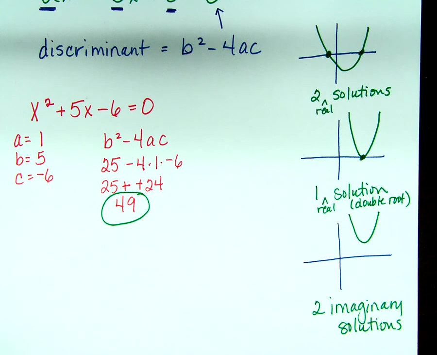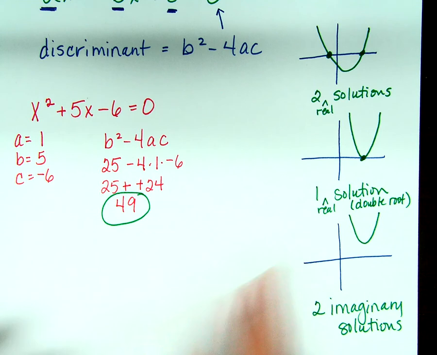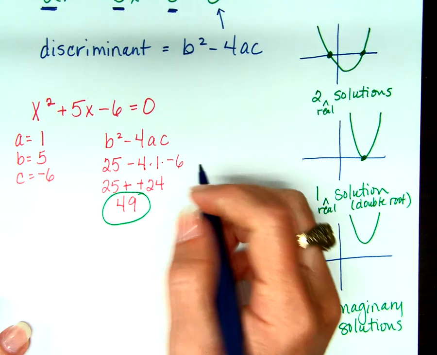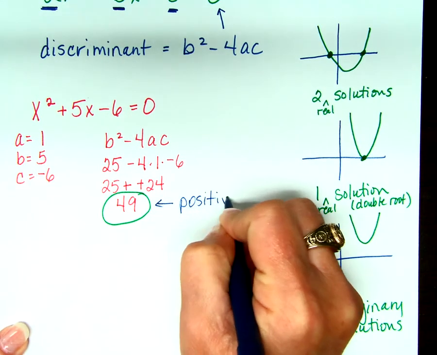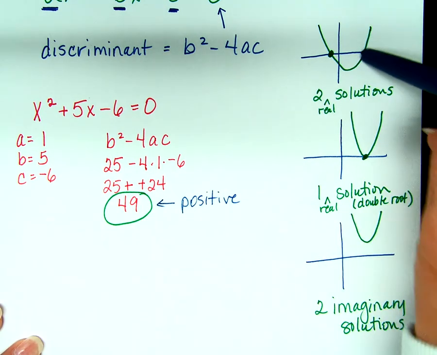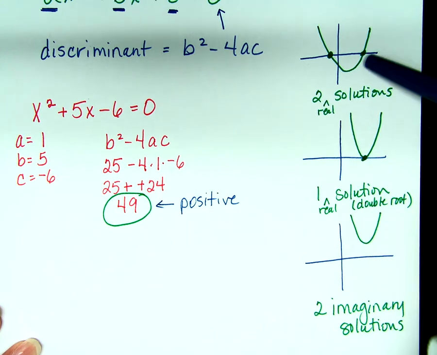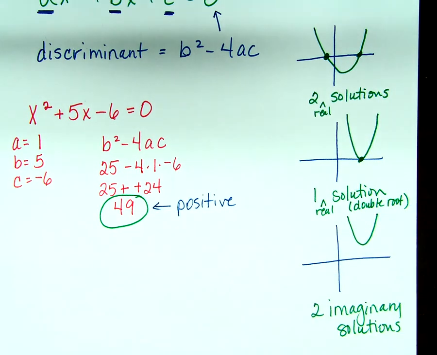So what about this number is going to tell me whether it's 2 real, 1 real, or 2 imaginary? Well, this number right here happens to be positive. If this number is positive, thinking about these 3 graphs over here, which one of these graphs do you think that this fits with? 2 real.